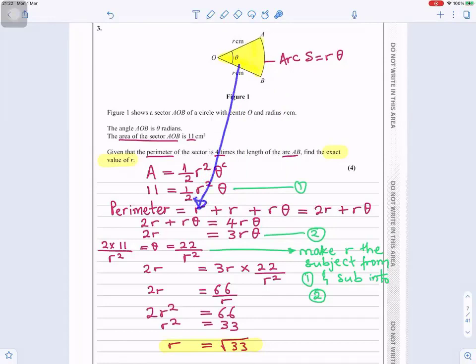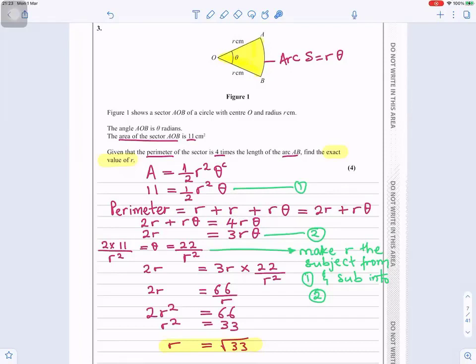First radius, second radius plus the arc length. And r plus r gives you 2r. And the arc length is r theta. So that means 2r plus r theta is equal to 4 times r theta. Where did the 4 come from? Because it tells us in the question it is 4 times bigger than the arc length, 4 times.